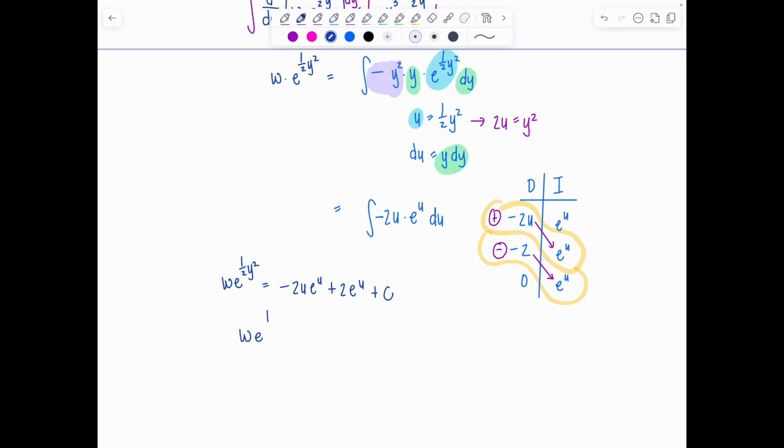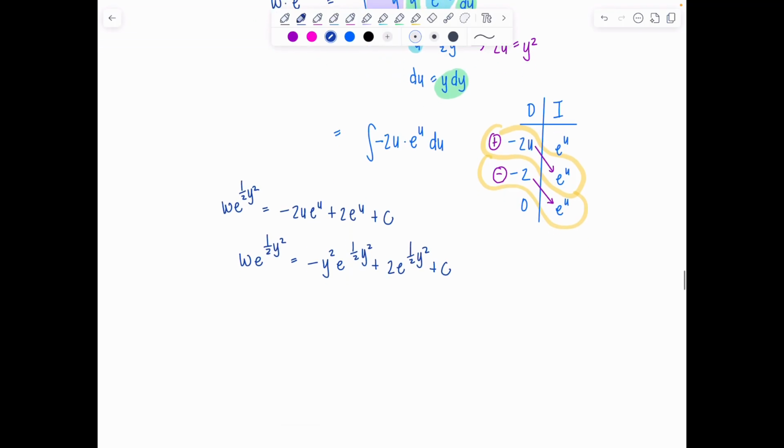So negative 2 times 1/2 y squared is just negative y squared e to the 1/2 y squared plus 2e to the 1/2 y squared plus c. Whew.